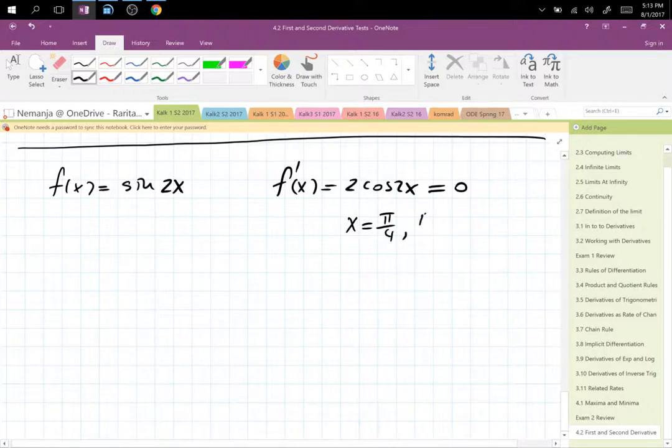So that's a... Wait, pi over 4, right? Oh, because it's 2 pi over 4. So a little bit of trig equations from your pre-calc 2 class. There's going to be much more of this coming up.